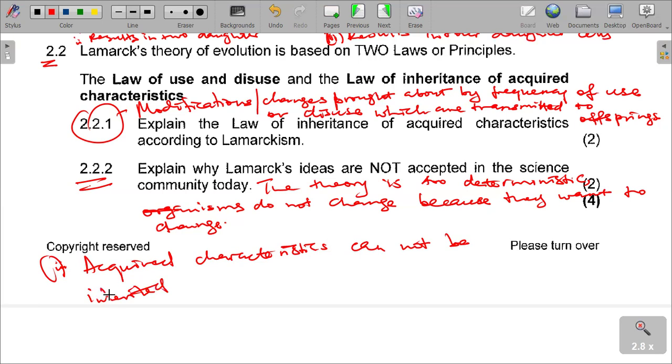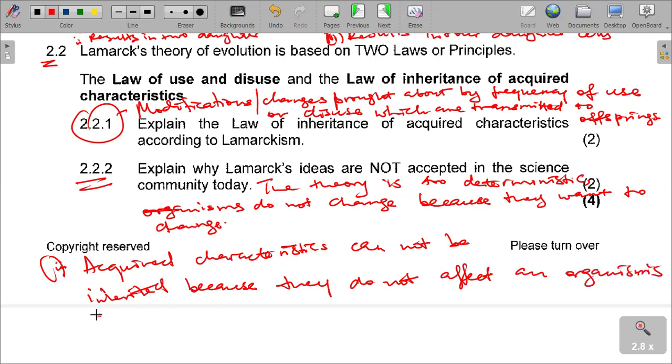Hence, we are saying it is difficult. They do not affect the organism's genetic makeup. These characteristics cannot be inherited because they do not affect an organism's genetic makeup.